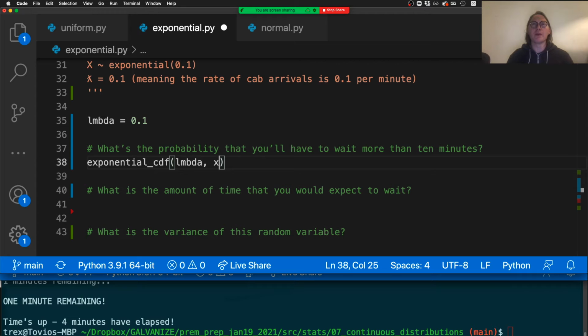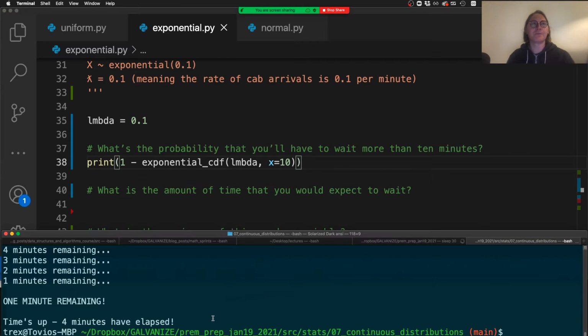And if we're thinking about more than 10 minutes, then really we're thinking about the complement of less than 10 minutes. So I'm going to set x to 10, and I'm going to do 1 minus all of that. So let's look at what that is.